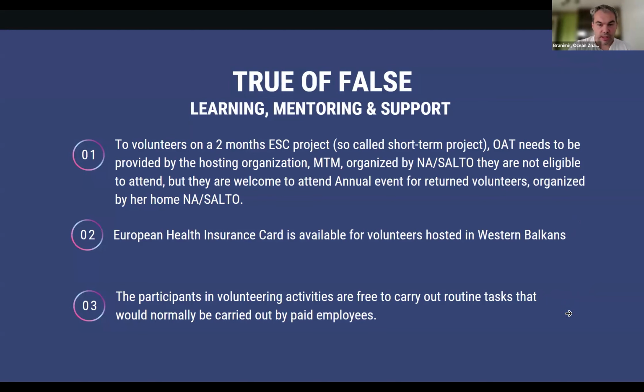Also, doing routine tasks is not something that is advised in the guide. It's more said that there are different kinds of activities that are engaging, entertaining, like non-formal education workshops, events, these kinds of things. Definitely never should a volunteer substitute a paid employee. This is never the case, absolutely never.